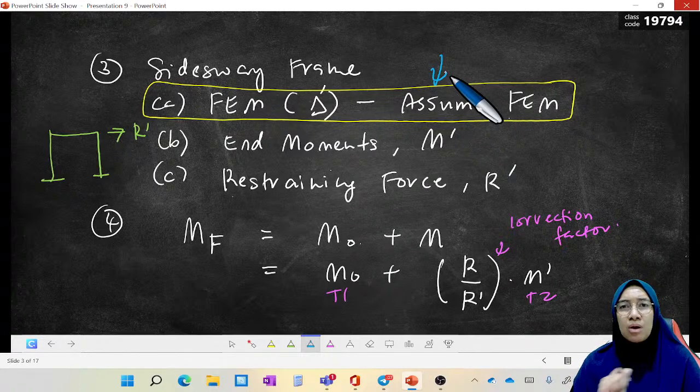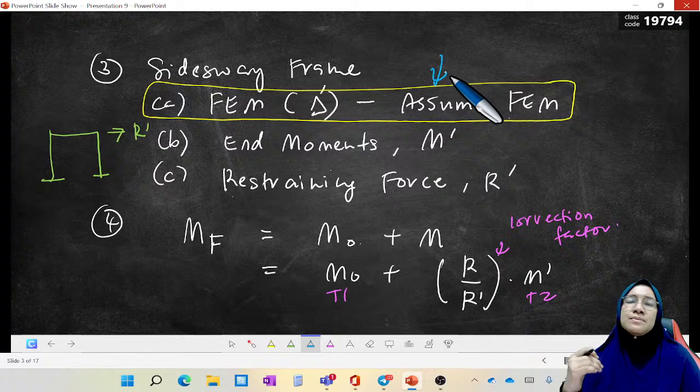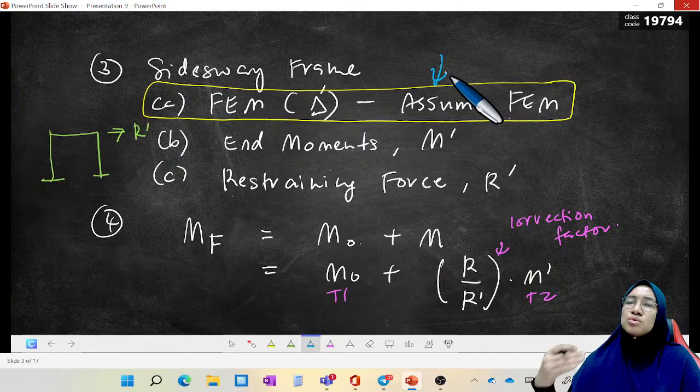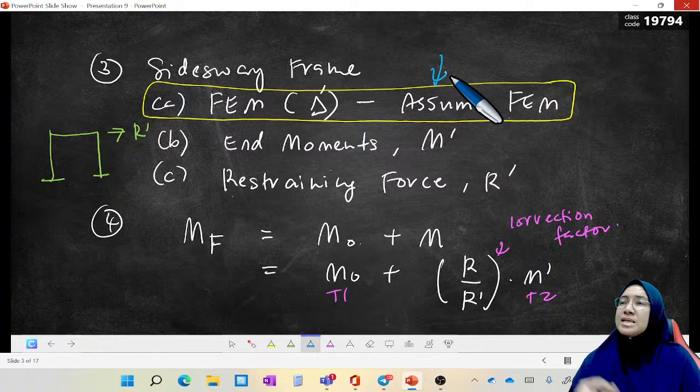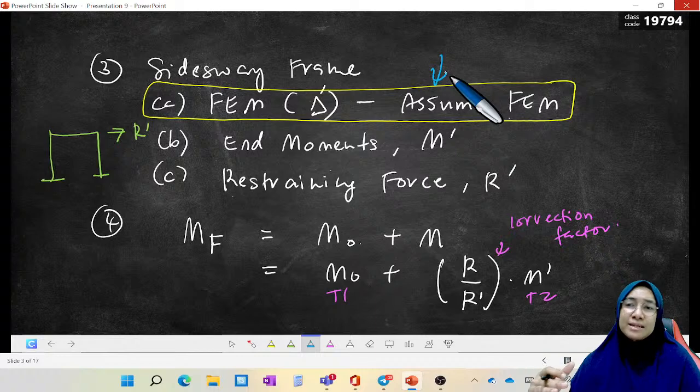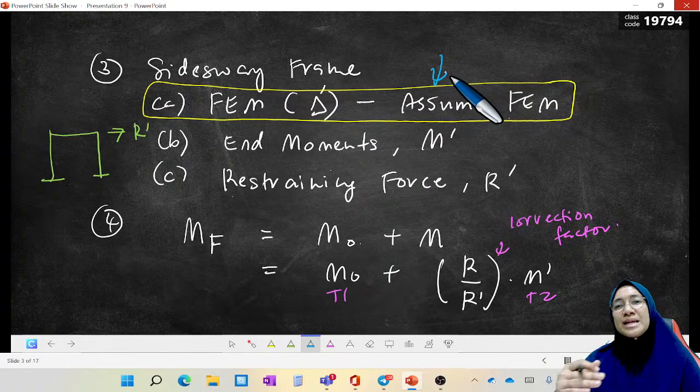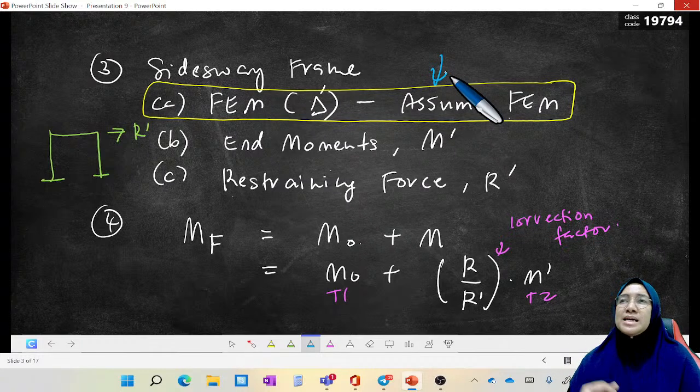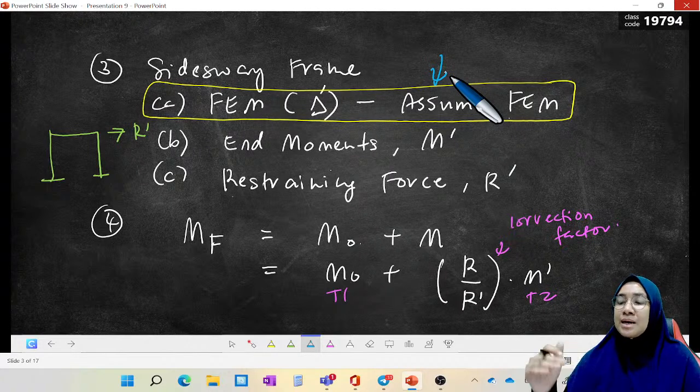So that is all actually mathematical application that we implement in order to solve for the member and moment in sidesway frame analysis. As I always say, some of the solution steps when analyzing structure are not structure; it is mathematical application that we need to apply in order to determine, in this case, the final end moment.